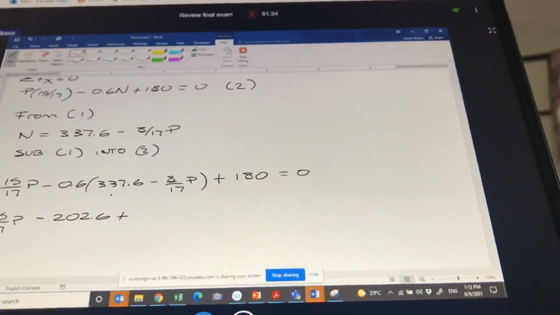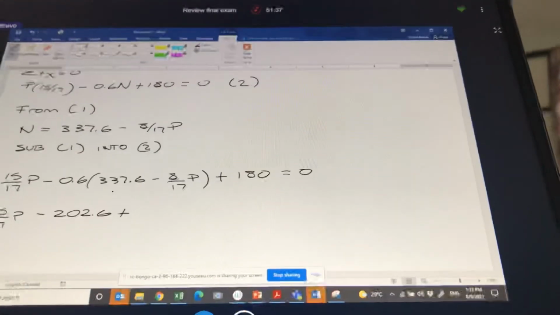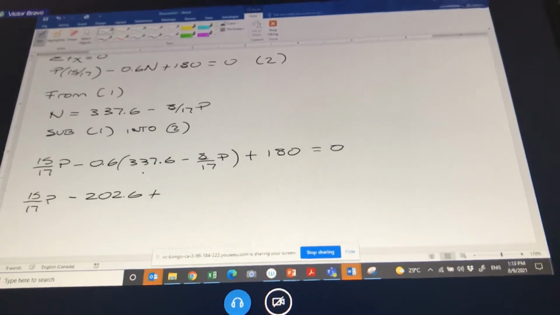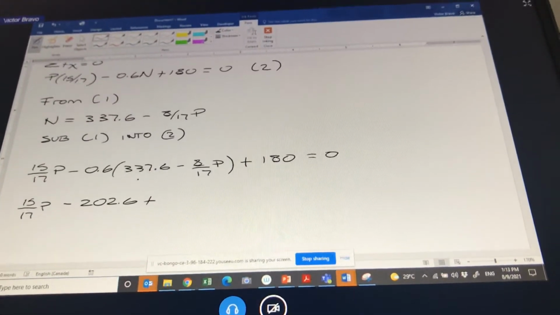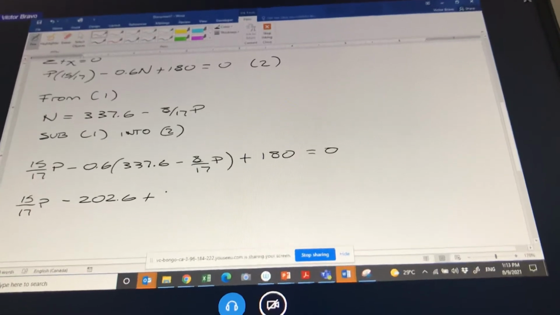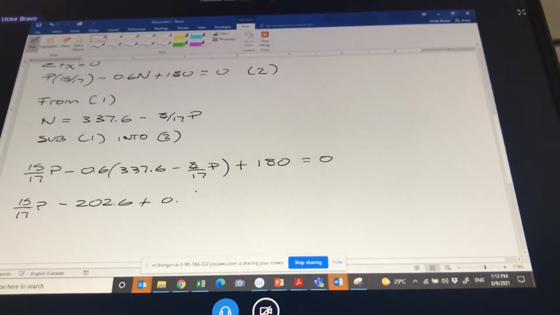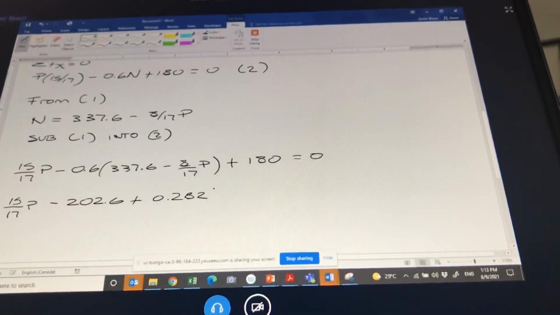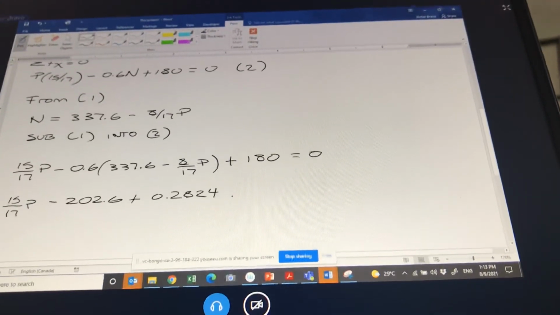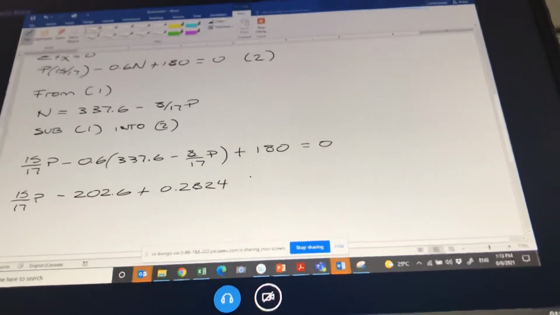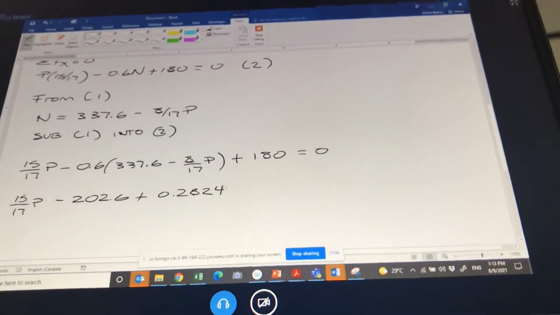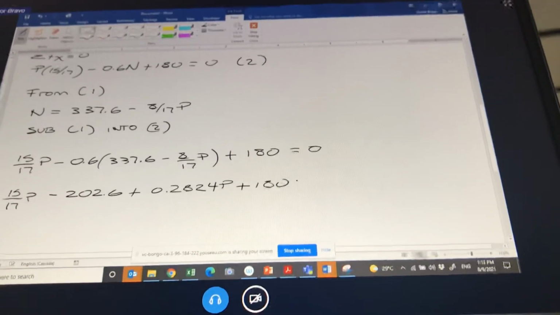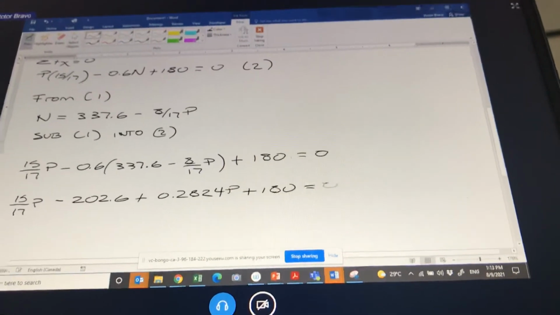That's 4.8, and I'm going to divide by 17. I'm going to do away with the fraction now. And that's actually 0.2824 P plus 180 is equal to 0.